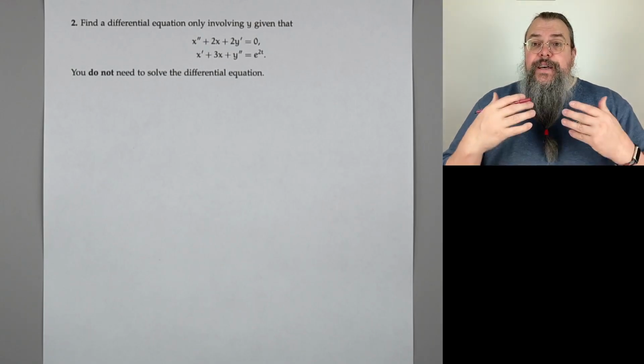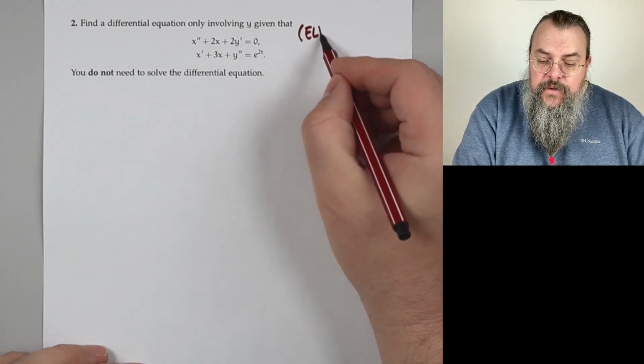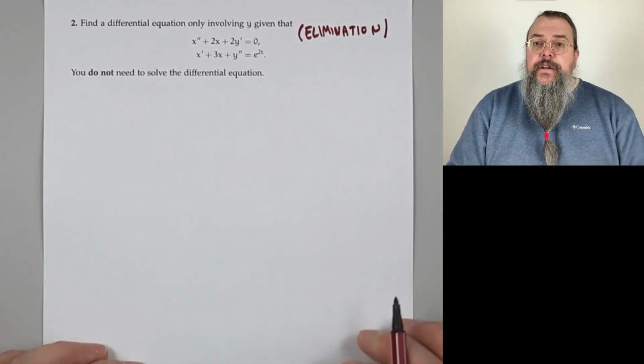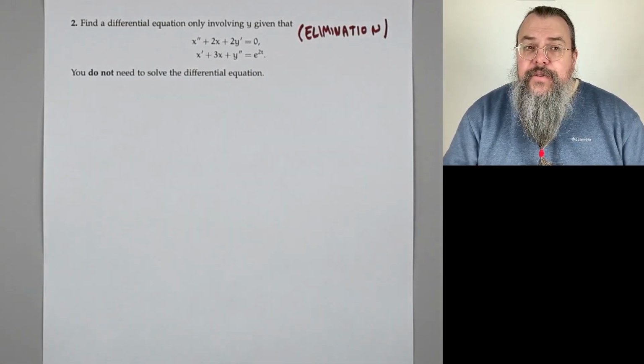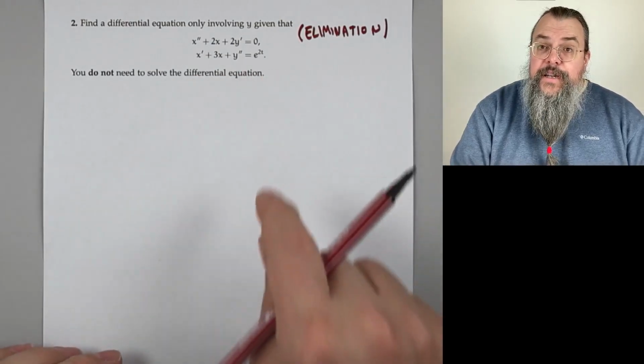So this is about elimination. And we say, okay, so we're going to do elimination on this problem. And in particular, this is a variant of Cramer's rule, right? So let's first off work on rewriting.